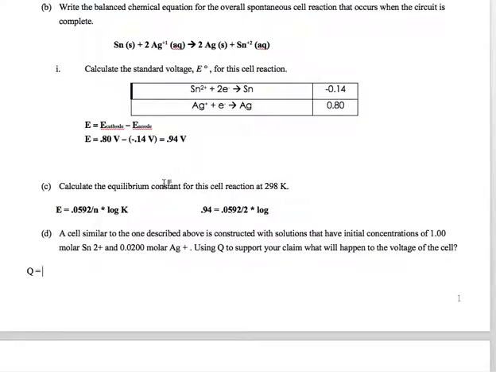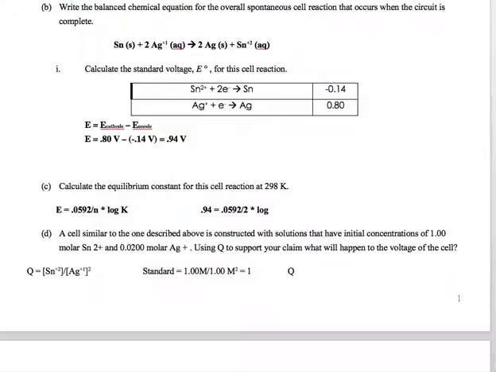On the top, we have the concentration of the Sn2+. On the bottom, we have the silver concentration, because the tin solid won't show up, and there's a 2 in front of it, so you have to square it. In a standard cell, on top you have 1 molar divided by 1.00 molar squared, so in a normal situation, Q is 1. In this situation, it's not.